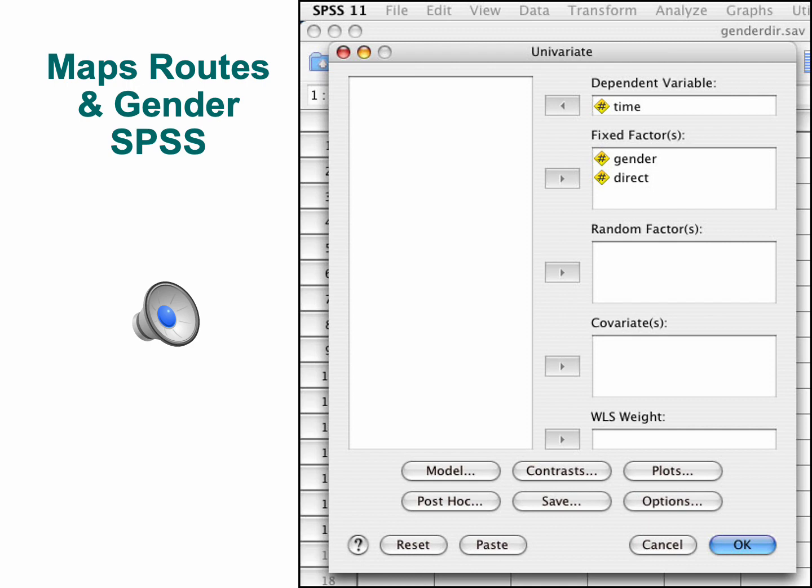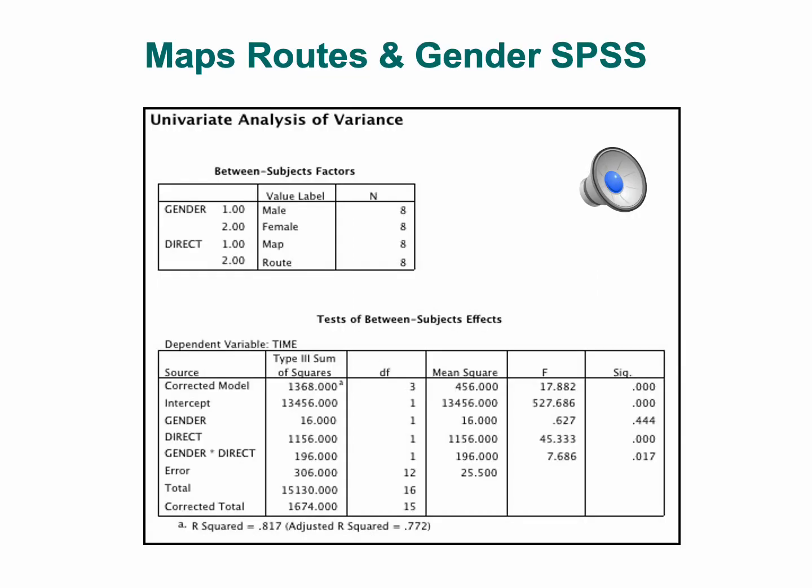Indicate you want gender to be a fixed factor. Remember, this is factorial analysis of variance. Then click on the word direct, and also click on the same arrow, which makes it also a fixed factor. Once you get the variables in the dialog box looking like this, click on the OK button, and SPSS will run the analysis.